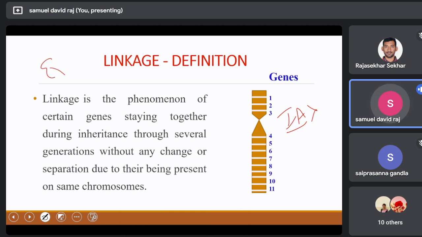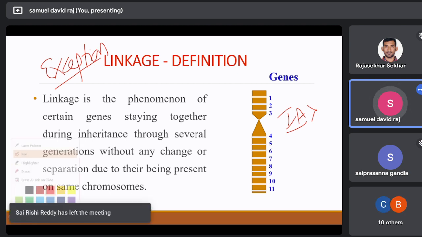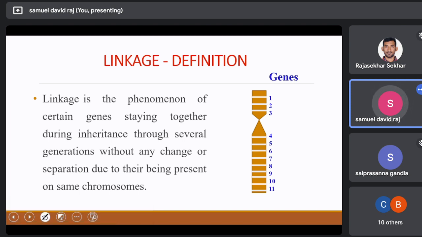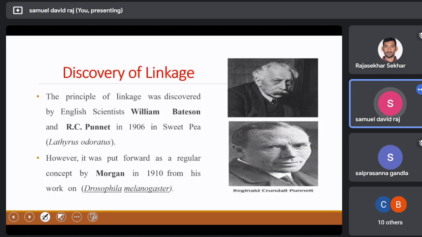Thus, this is another exception to the Mendelian principles of inheritance, where independent assortment is not possible. If you can't remember, I have already posted the video on the critical review of Mendel's laws. You can go through that once again.